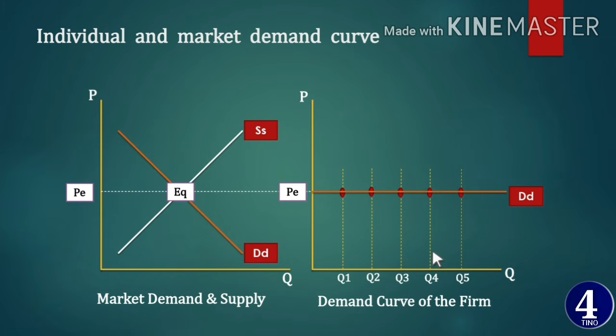So for each sale, the seller is getting a revenue which is equal to the price. For example, if the seller sells 1, it gets PE. If the seller sells 2, it gets 2 PE.